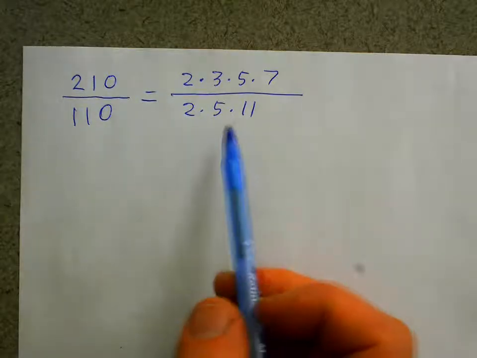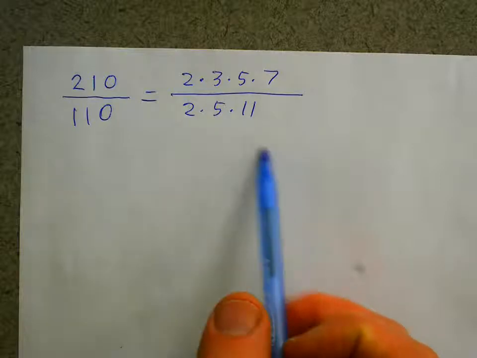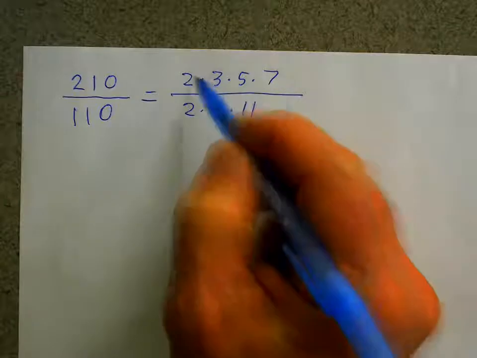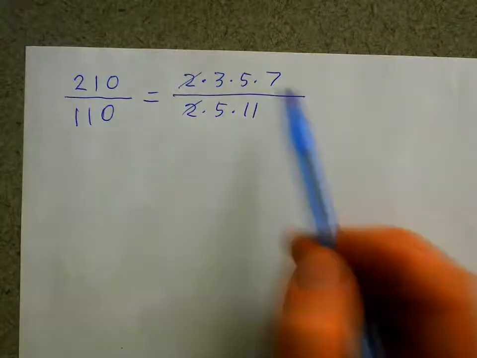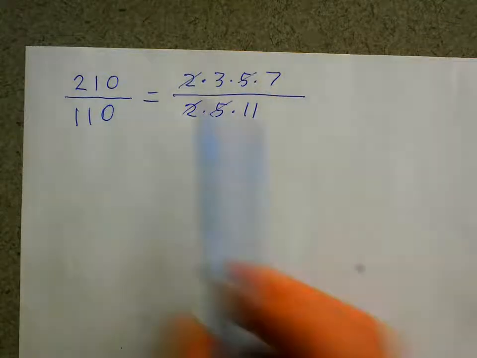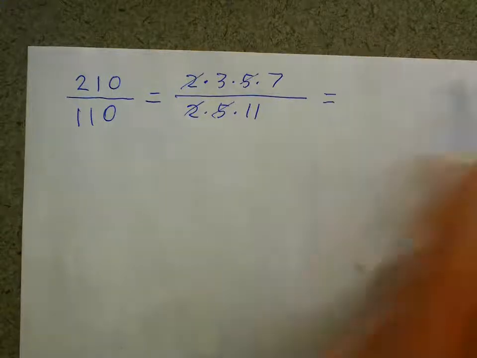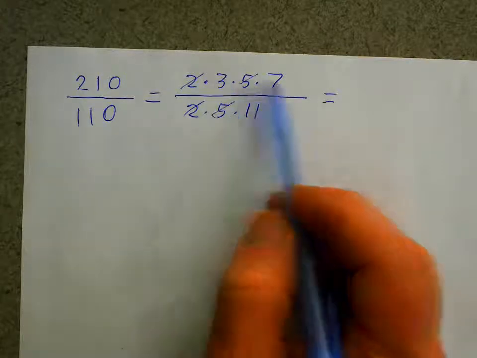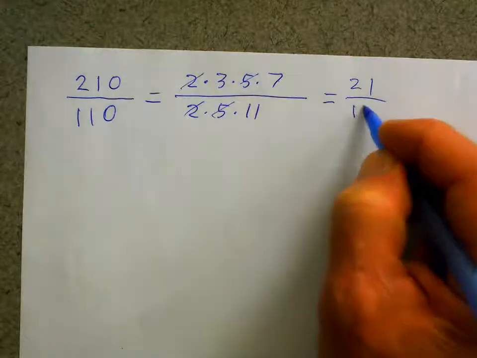And then we look for common factors in the numerator and denominator that cancel each other out. 2 divided by 2 is 1, so those cancel each other out. And then 5 divided by 5 is 1. And we don't get any more cancellations than that, so in lowest terms, we get in the numerator 3 times 7 is 21, and in the denominator, we get 11.